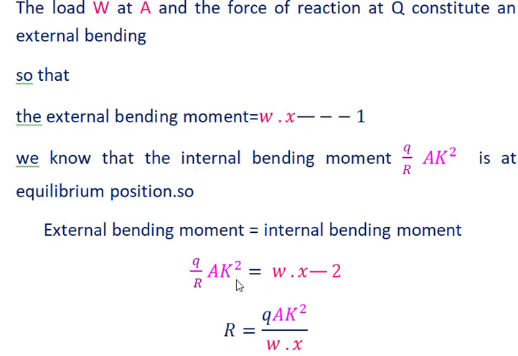The internal bending moment is Q by R into AK square and the external bending moment is W into x, that is weight into distance x. On simplifying this equation, we get R is equal to QAK square by W into x.